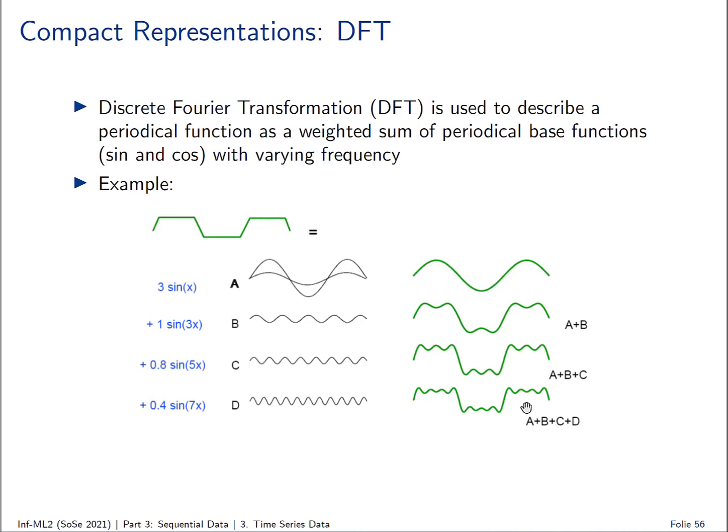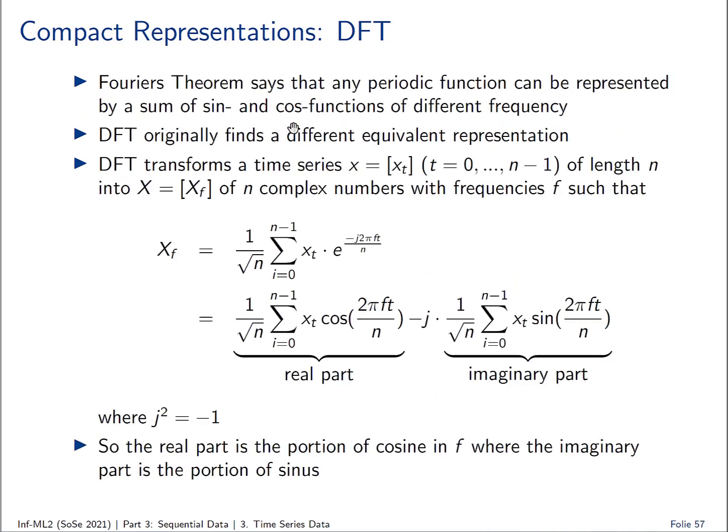So this representation here may be quite a good approximation of this one here, of the original time series. That's the basic idea. Yeah, so Fourier's theorem says that any periodic function can be represented by a sum of sine and cosine functions of different frequencies.